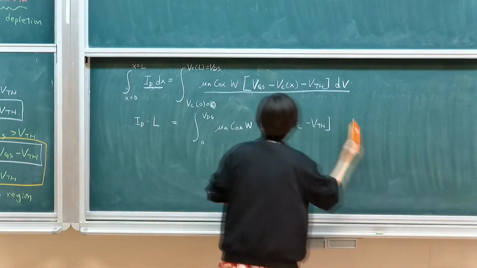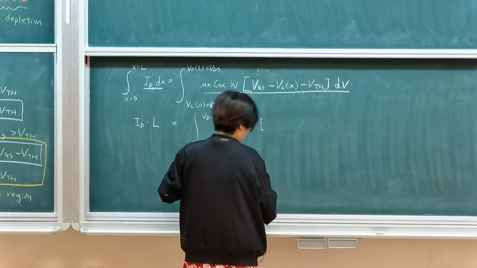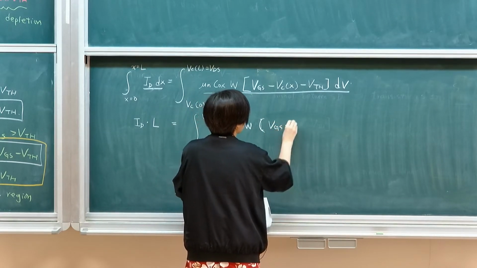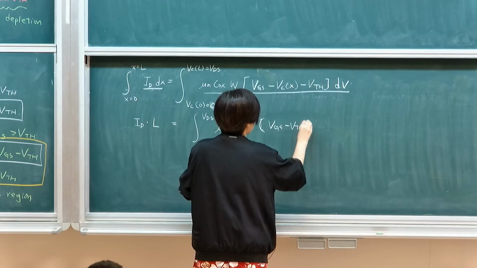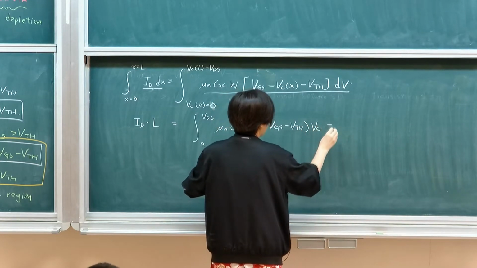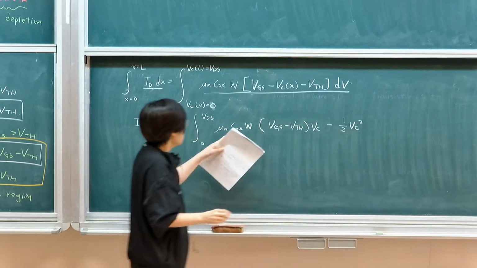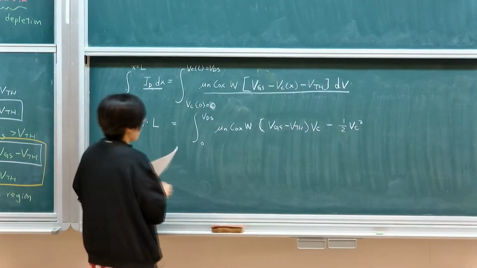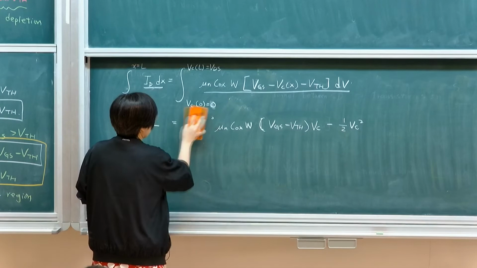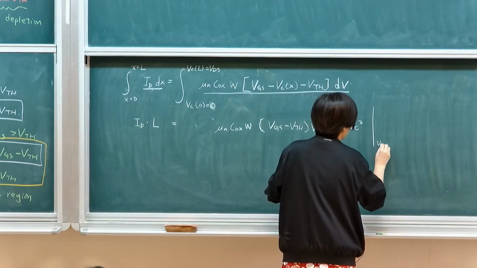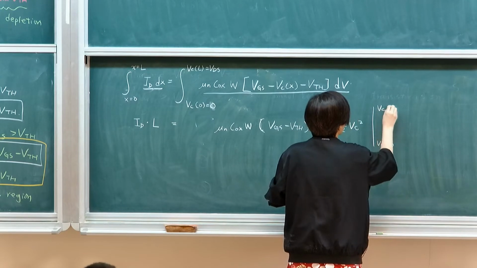I'm separating into two parts. This will be the constant term, minus 1/2 Vc squared. So this is the integral of that, with Vc equals 0 and Vc equals VDS.